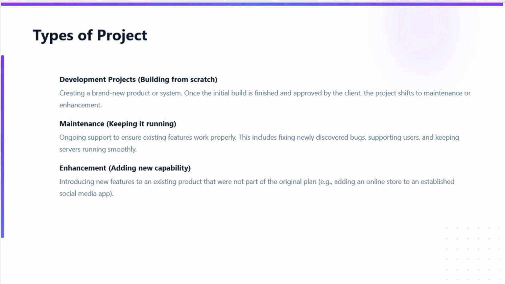The next type of project is a maintenance project. Once an application has gone live, it requires continuous support to ensure there is zero downtime, fix unexpected bugs and errors, apply security patches, and maintain system health based on the feedback and usage from customers. Let's take an example of the same thing. When we consider SBI's YONO or core banking system, it runs across thousands of branches nationwide, right?